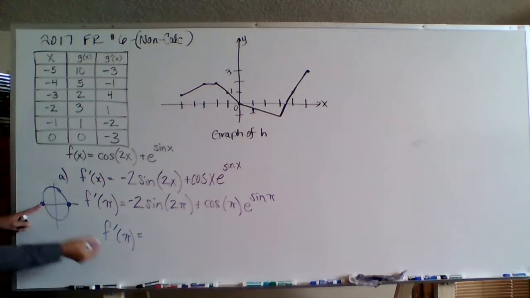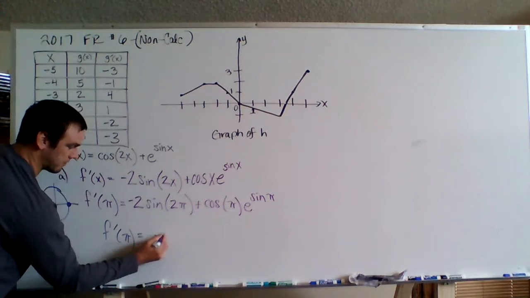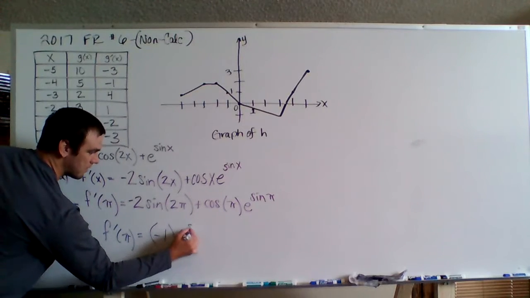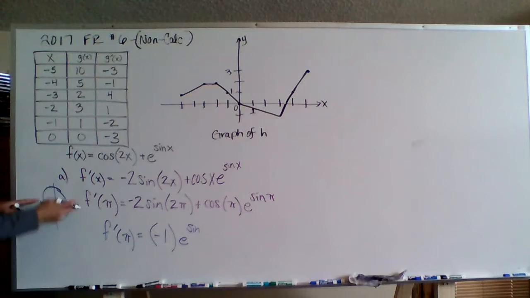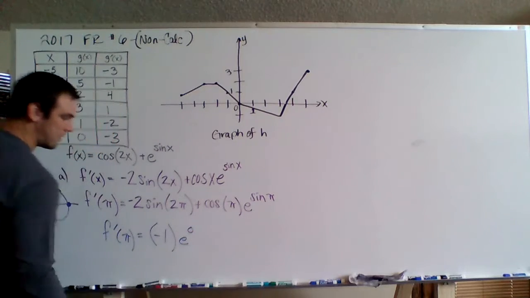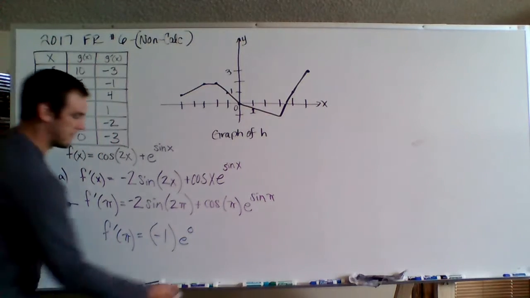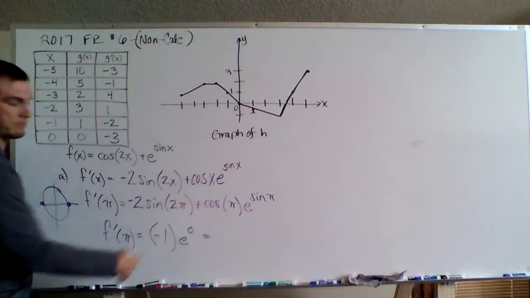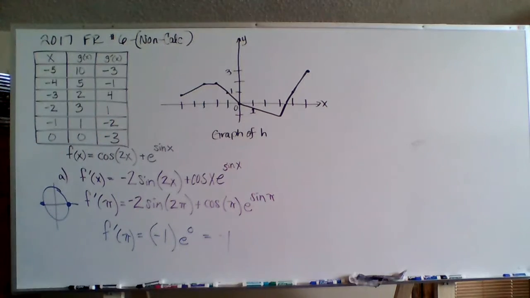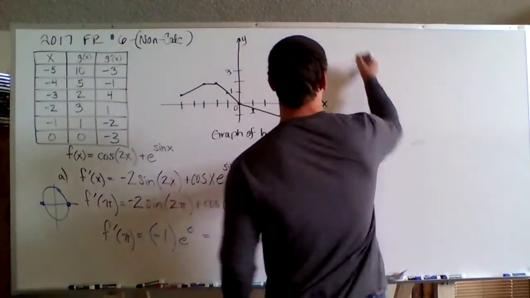My x value at that location is going to be negative 1. e to the sine of pi, well, pi is over here, sine is my y value at that location, which is going to be 0. Okay, you could leave it just like this. We also know e to the 0 is going to be 1, so that would end up being negative 1. All right, that was fun. Very fun. Let's move on to part B now.